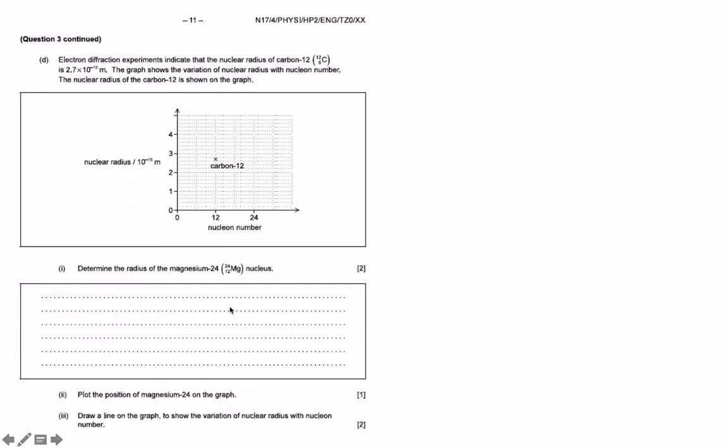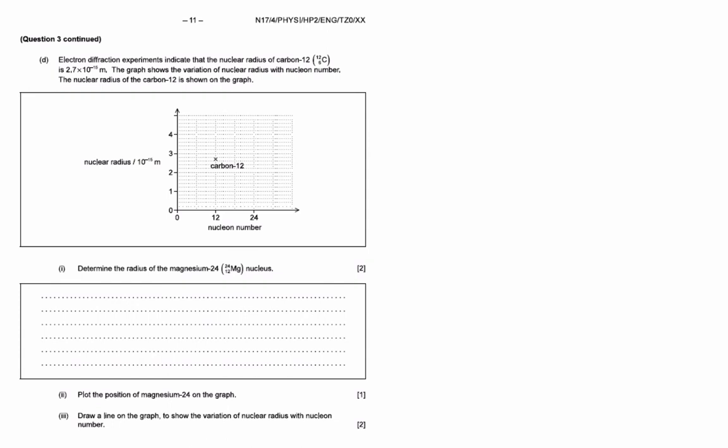Let's see. Electron diffraction experiments indicate that the nuclear radius of carbon is about 2.7 times 10 to the minus 15th. The graph shows the variation of nuclear radius with nucleon number. The nuclear radius of carbon-12 is shown on the graph. Determine the radius of the magnesium-24 nucleus. It was like 2 marks.